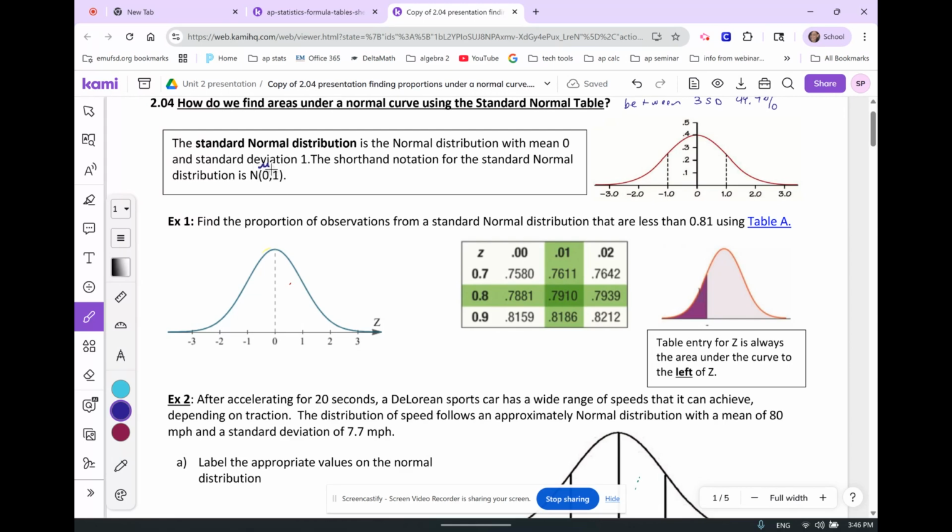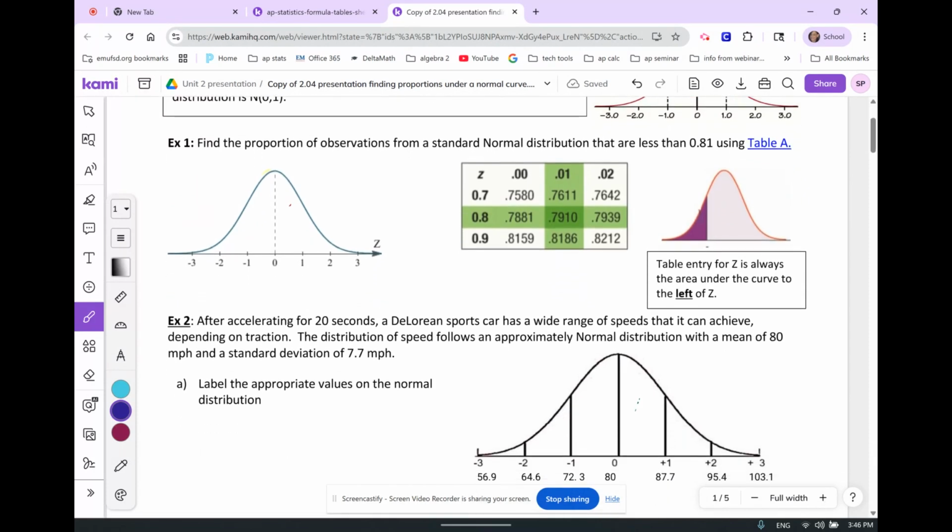Whatever's in the first position of the parenthesis is your mean, and whatever's in the second position is your standard deviation. The standard normal model always has a mean of 0 and a standard deviation of 1 because it's a z-score, a standardized score.